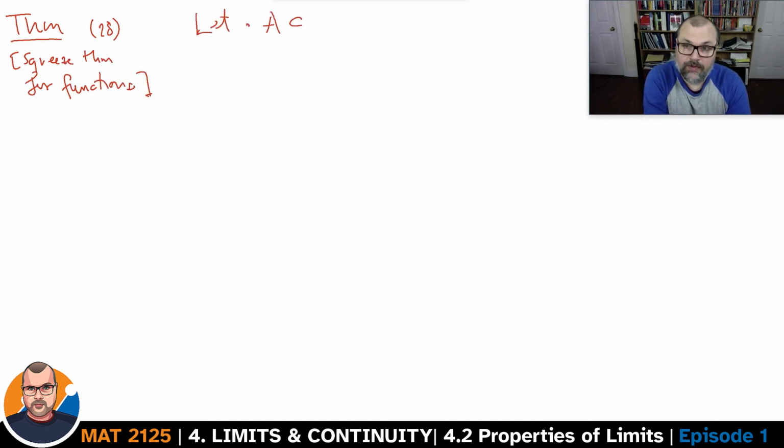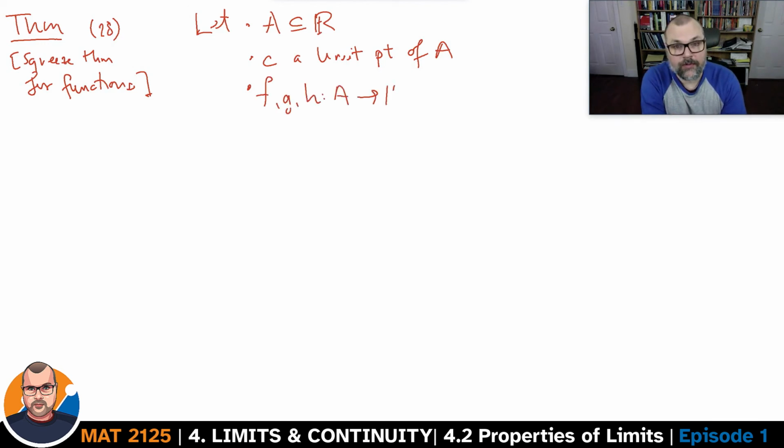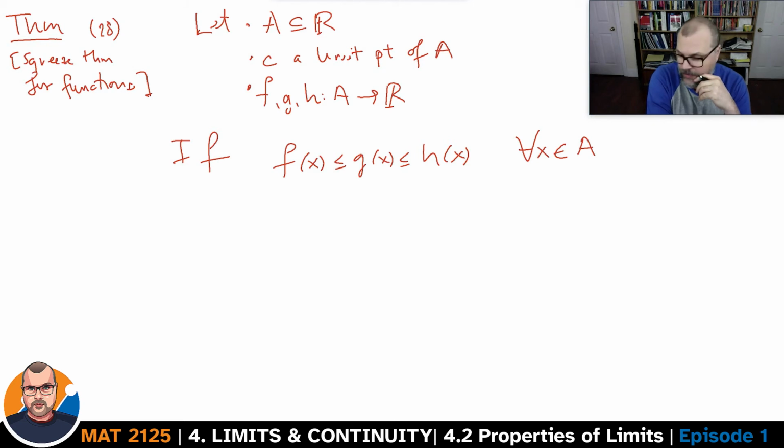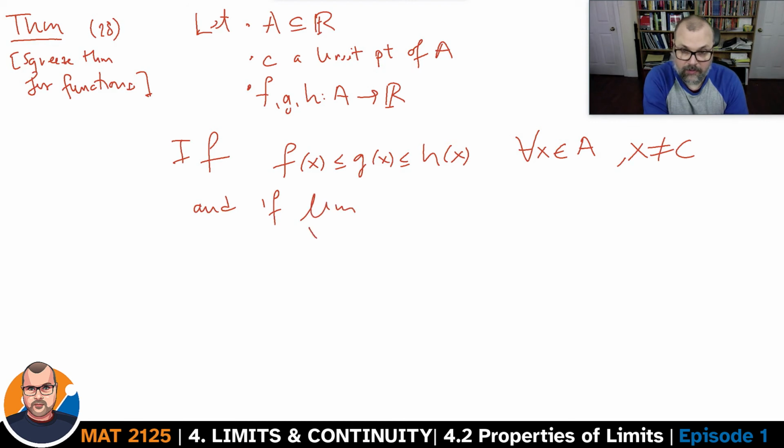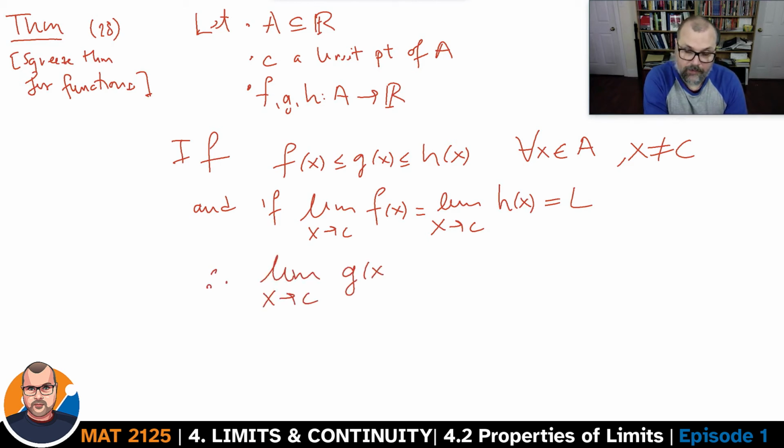Let A be a subset of R. Let c be a limit point of A. f, g and h, three functions from A to R. If the following inequality holds for every x in A, assuming x is not equal to c, and if the limit when x goes to c of f at x is equal to the limit when x goes to c of h at x is equal to L, then the limit when x goes to c of g at x is also equal to L.